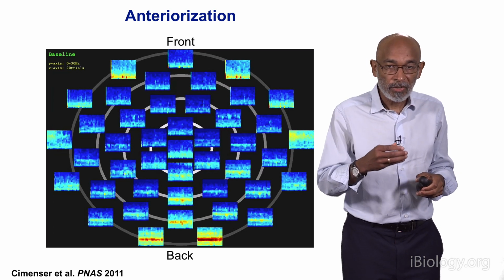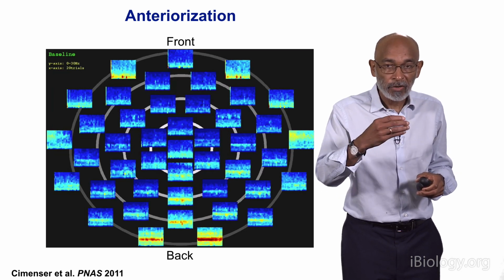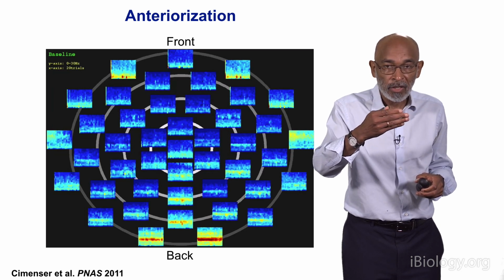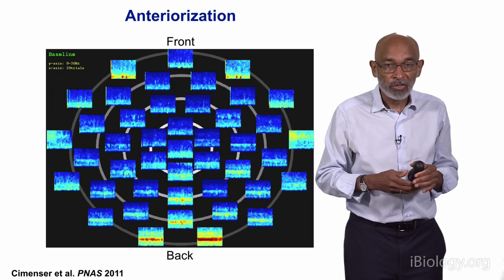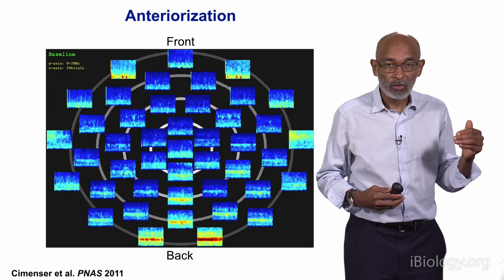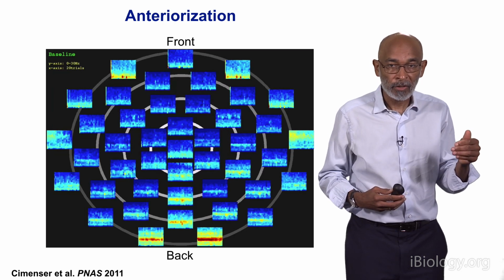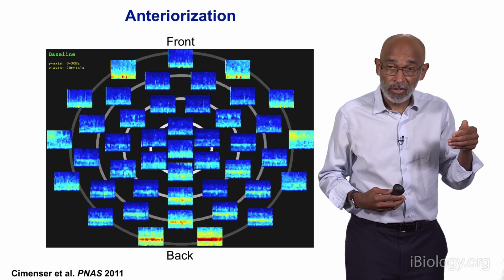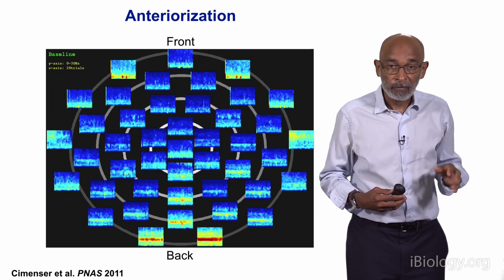And now what we're going to see is that not only does it stay in the front of the head, but when you turn, in this case, the propofol off, it's going to migrate back. So this forward movement of the alpha oscillation from the back of the head to the front is what we call anteriorization. Right? But also when you turn the drug off, it actually moves backwards.